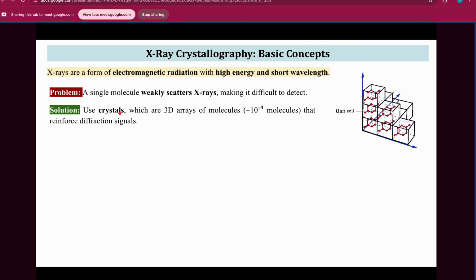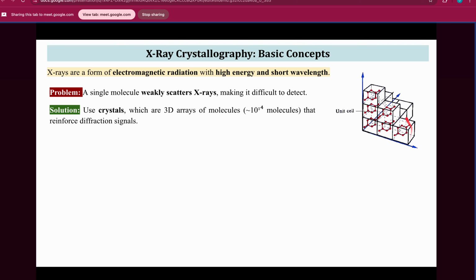The solution is that instead of using a single molecule, we use crystals. So what are crystals? Crystals are a 3D array of molecules, and there could be 10 raised to power 14 molecules that reinforce the diffraction signals. The smallest unit is known as the unit cell.